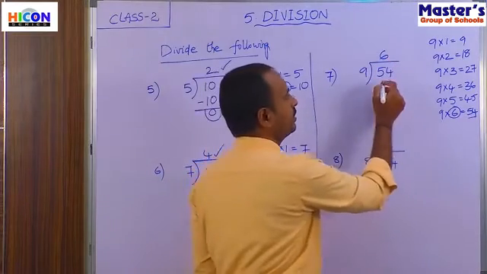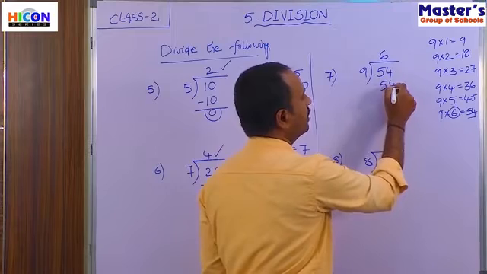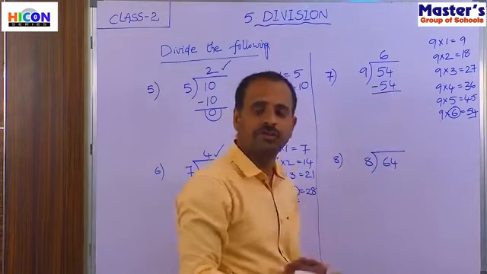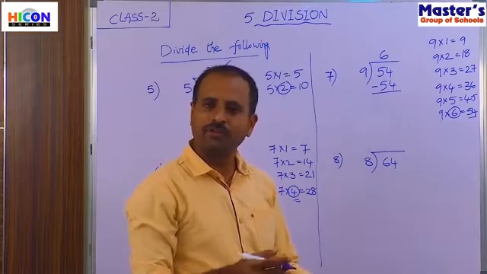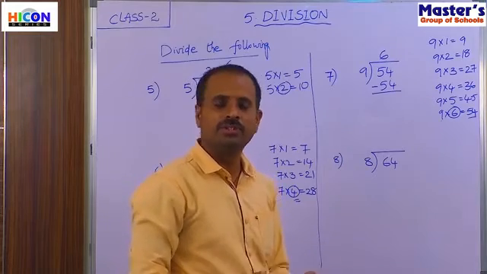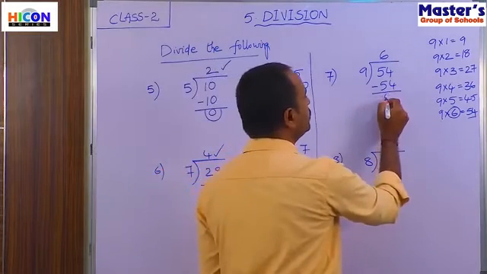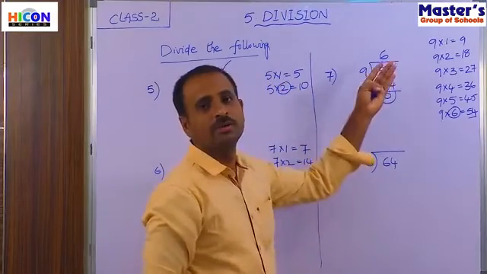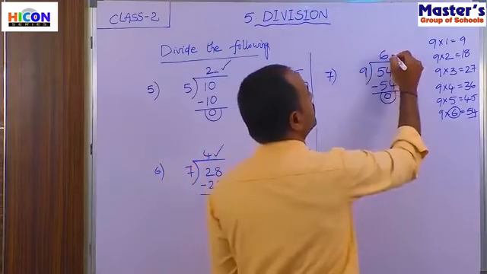Write the product below the dividend and subtract. 54 minus 54. How much, children? 0. So what is the answer here? The answer is the quotient. What is the quotient? 6. So 6 is the answer.